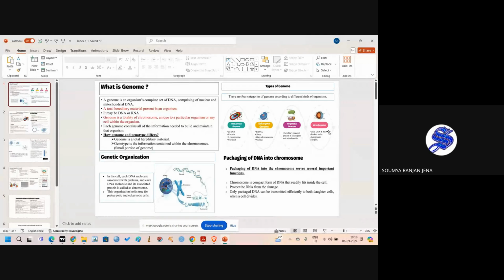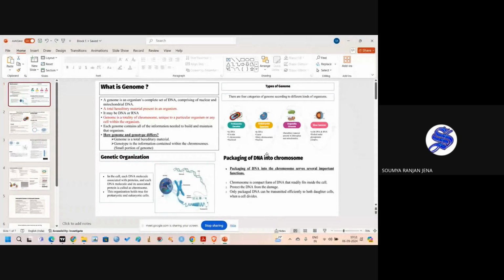Then the virus genome contains single stranded, double stranded DNA, and RNA, and it also contains the glycoprotein complex. We have the example of the SARS-CoV virus, which contains a crown-like protein above the surface of the genome, and this is called a glycoprotein complex.